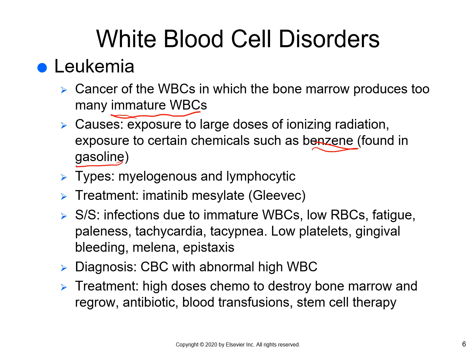Okay, and then you have the types of leukemia. You have myelogenous leukemia and lymphocytic leukemia, where under this myelogenous and lymphocytic, there's what we call chronic or acute. So for example, the patient has a myelogenous leukemia and it's actually chronic, so we call it chronic myelogenous leukemia.